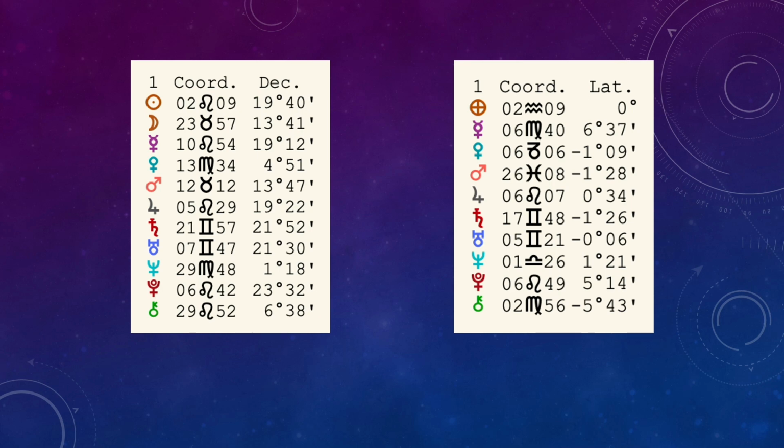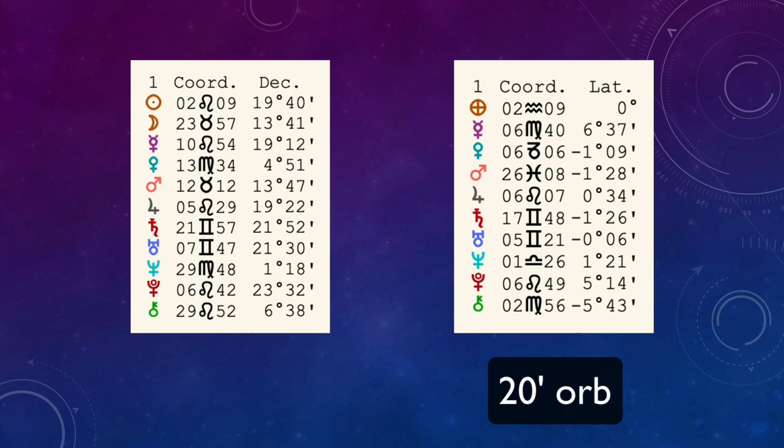You remember that Magi Society recommends the orb of 1 degree and 20 minutes for the aspects of declination. Now have a look at the latitudes. For most planets they are close to 0 or 1 degree. Only Pluto, Chiron and Mercury differ substantially. This is why the recommended orb for the aspects of latitude is much narrower.